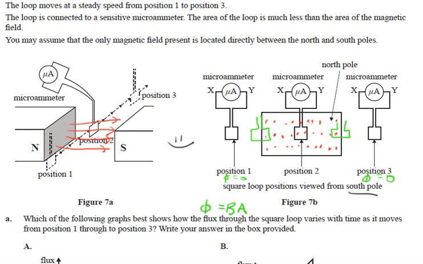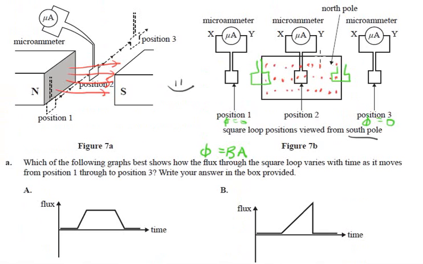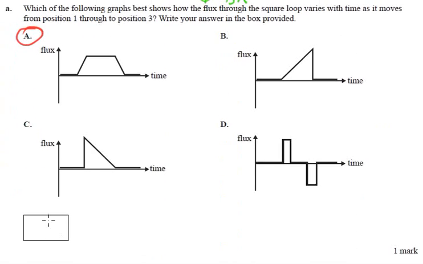The only one that really fits that is this one here. 0 flux, getting more flux as it goes in. It's all the way through, in between the magnets, and then decreases as it's on its way out. So that's that decrease as well, and then there's 0. This is the only one that really fits. So in this case, we've got A.